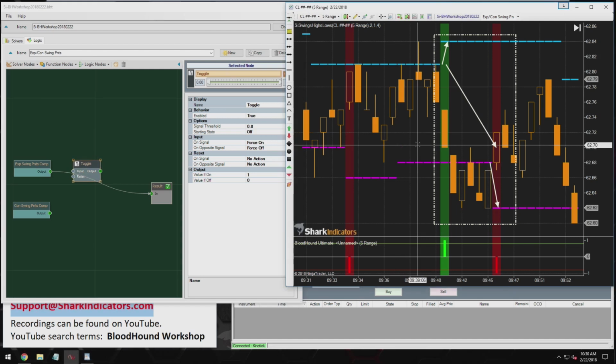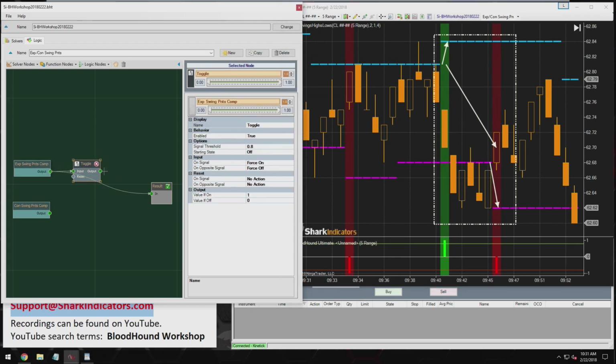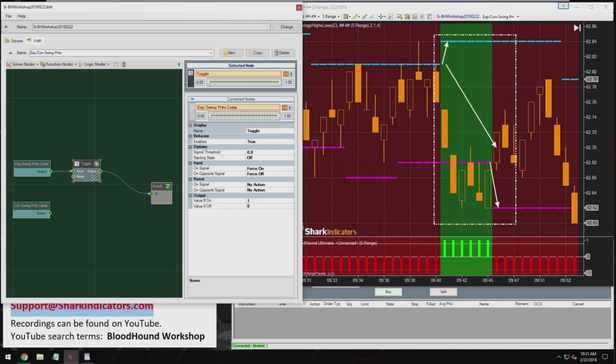Since I really don't know how many bars it's going to take to get from the swing high expansion to the swing low expansion, that's why I'm using the toggle node. So let's plug that in here, like so.